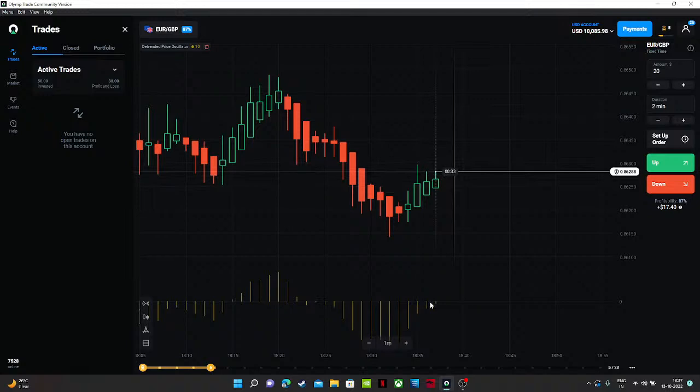Whenever this bar shifts above the zero line, at that point also we might enter into a trade. I will now enter into a trade in the upward direction again if the bar shifts its position to the above side of the zero line. Let us wait for this candle to close. If this bar shows itself above the zero line, then also we can enter into an upside trade.